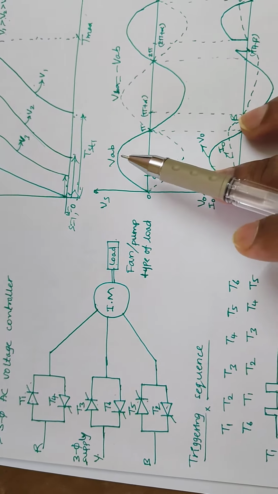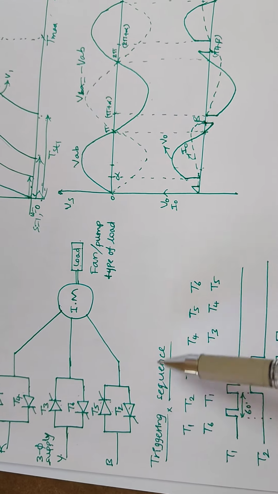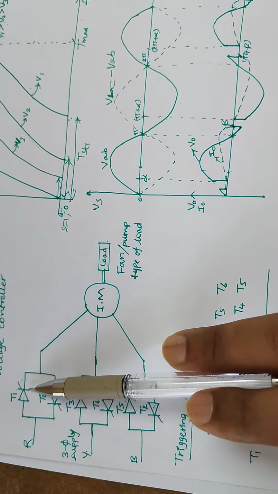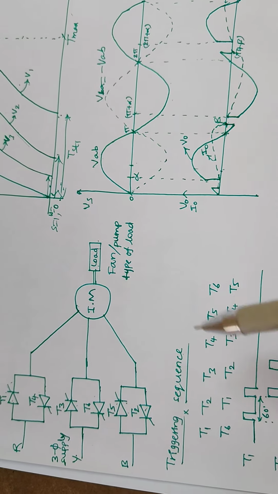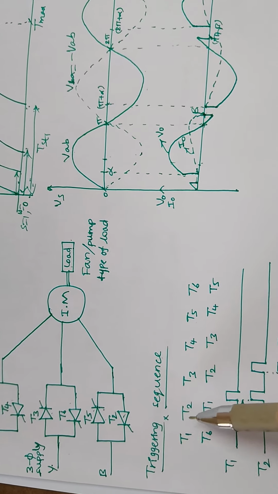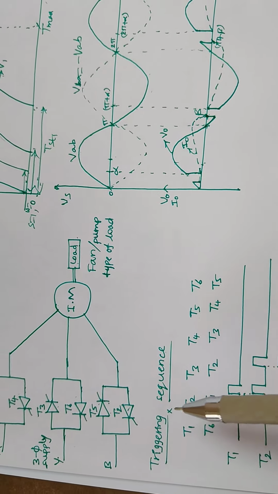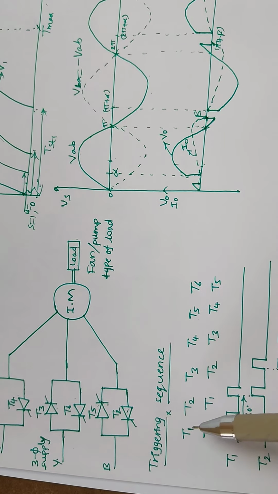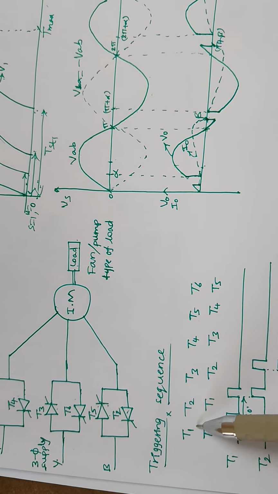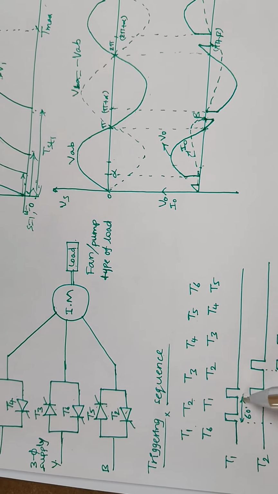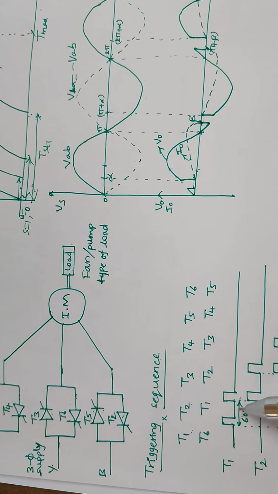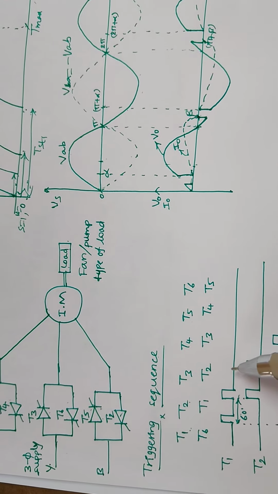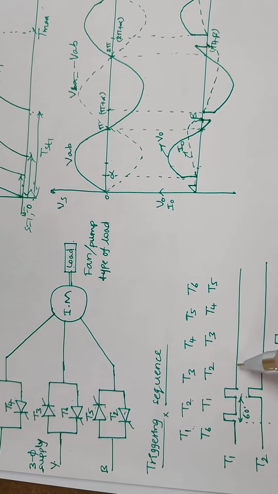And here, in a similar way to the rectifier, we give the triggering sequence. At a time, two thyristors need to turn on to complete the circuit. So the angle difference from one pulse to the next pulse is 60 degrees, and each thyristor pulse needs to continue its conduction for 120 degrees.